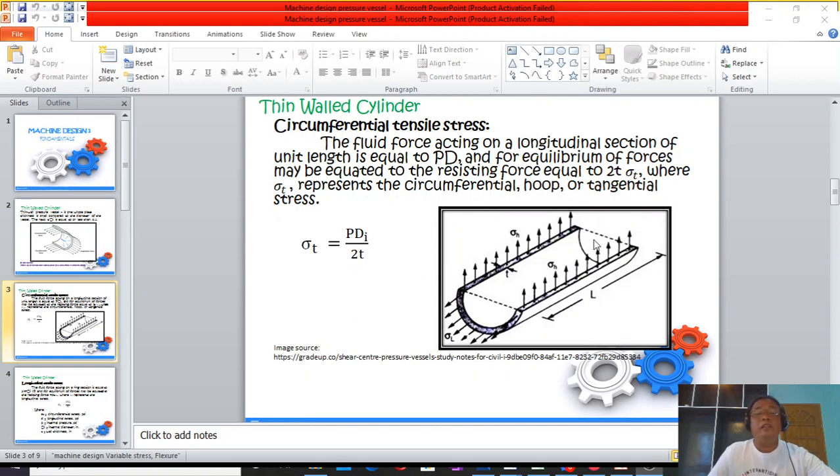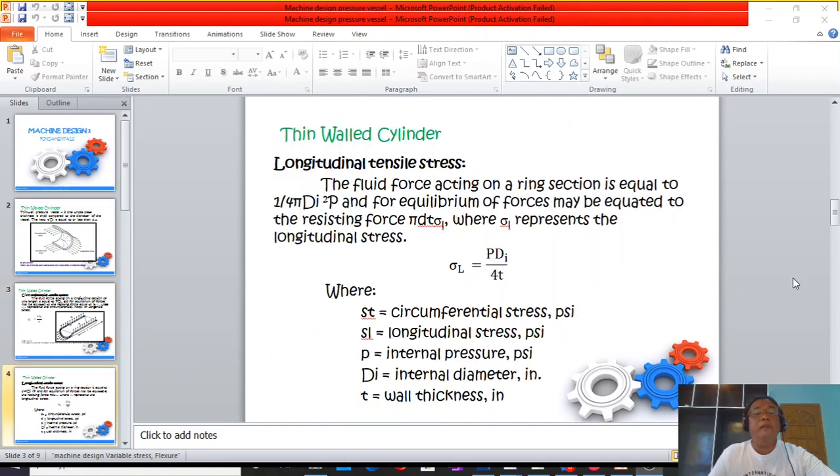Okay? So let us now proceed to the next. Now, for longitudinal tensile stress, the fluid force acting on the ring section is equal to one-fourth pi multiplied by the inside diameter squared times P. And the equilibrium of the force may be equated to the force pi D multiplied by t times the stress, where sigma L represents this longitudinal stress.